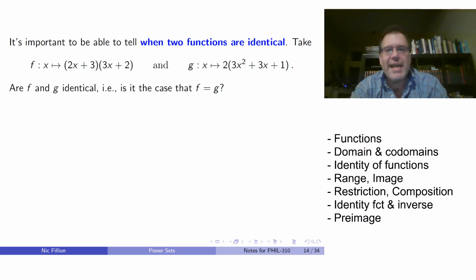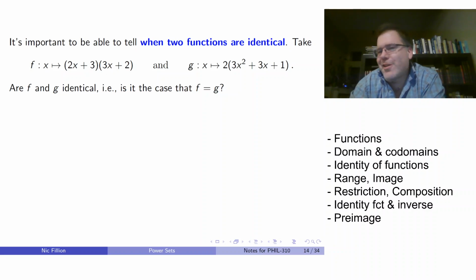Do we want to say f equals g? And if you check my algebra, probably you will find that they are not equal. I made a mistake on purpose. All right. Yes, so here we have 2 functions that are not identical.